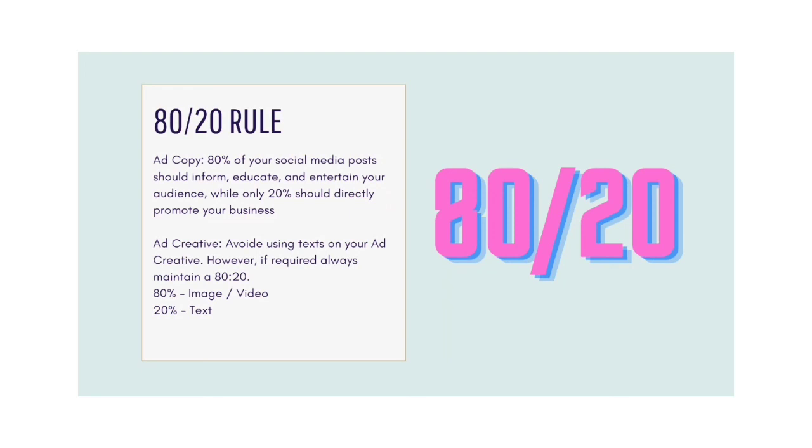You need to ensure whenever you're posting social media posts, 80% of it should inform, educate, or entertain your audience, or you can do all three together at the same time. But you need to ensure 80% of your social media post is creating value. And then finally, the 20% should direct to promoting your business.